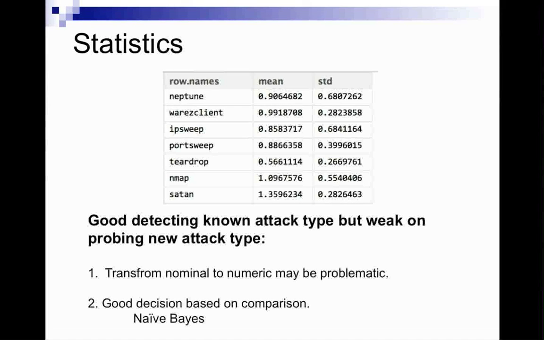But why can I get a good performance on detecting the known attack types? Let's make a comparison. We know that naive Bayes uses the naive conditional independence assumption, so it may overemphasize the importance of some attributes, and each output may be highly skewed.